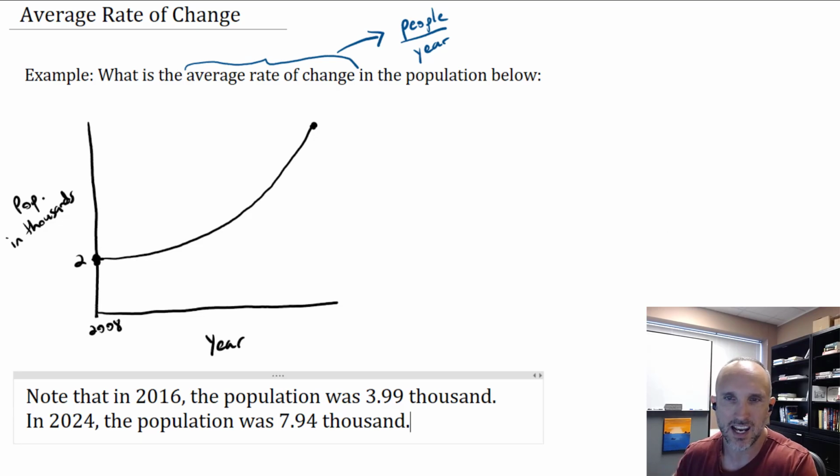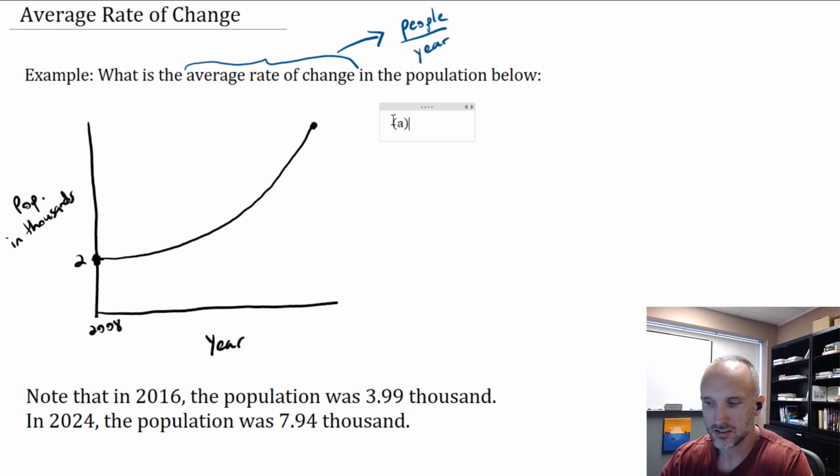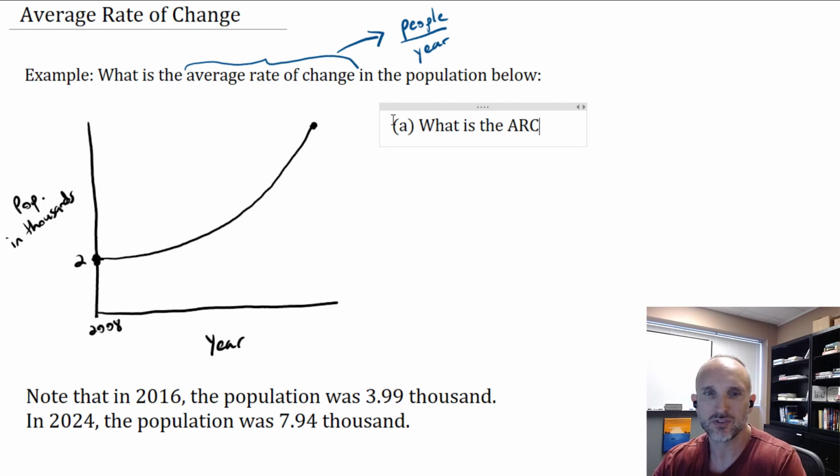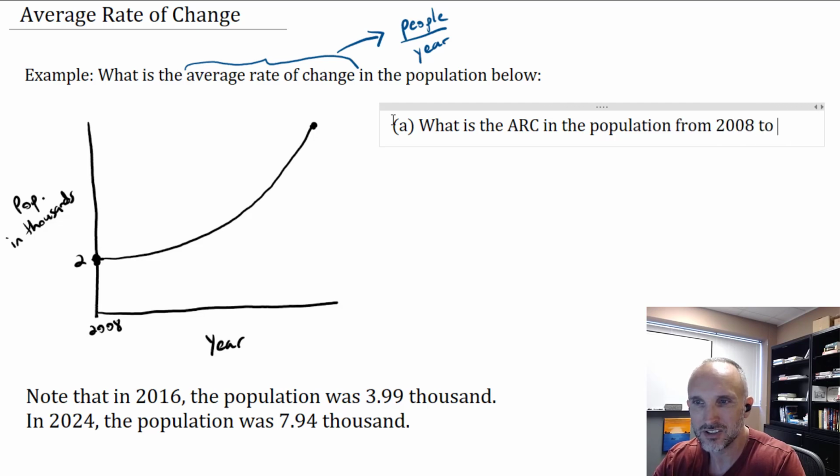So question A, what is the average rate of change? I'm going to abbreviate here for space. What is the average rate of change in the population from 2008 to 2016? Okay.